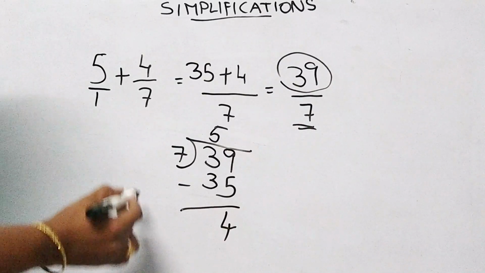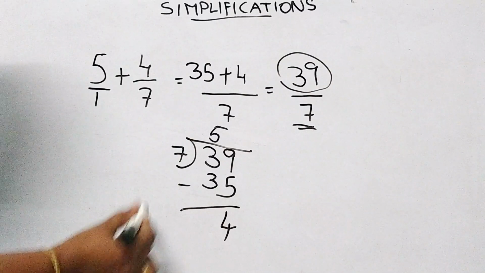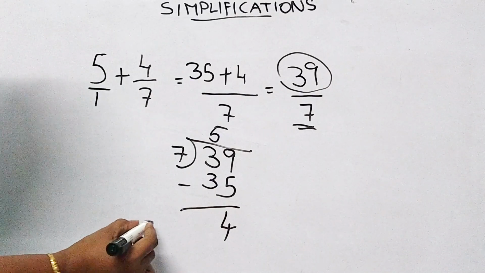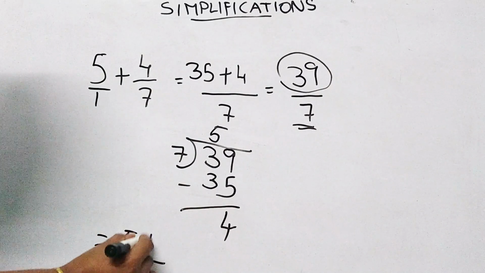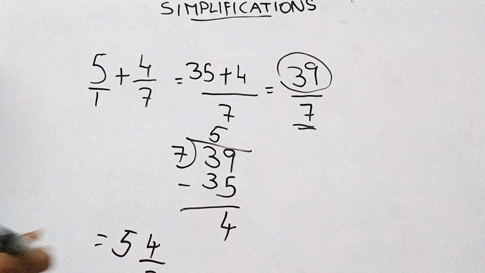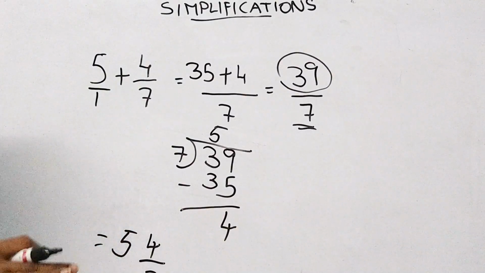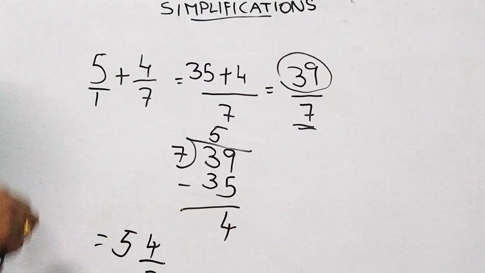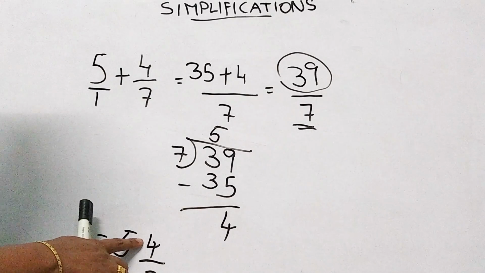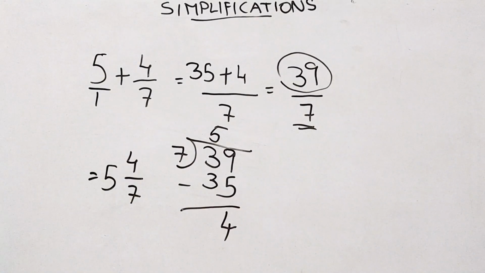So this can be written as 5 on top, 7 and 4 remainder here. So the answer after dividing 39 with 7 is 5 4 by 7.